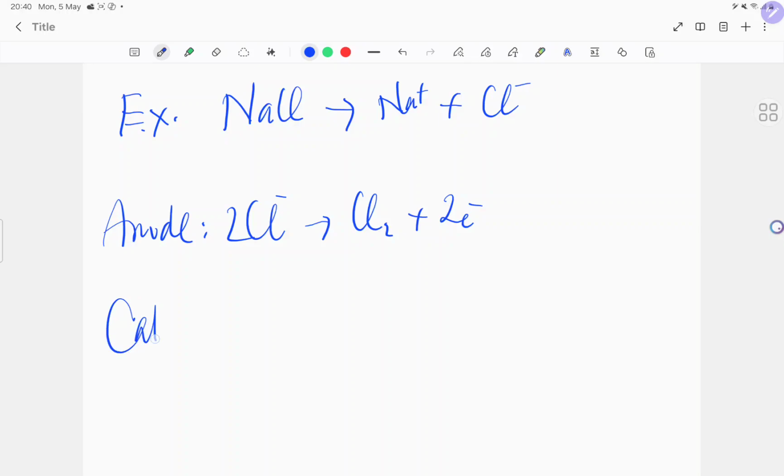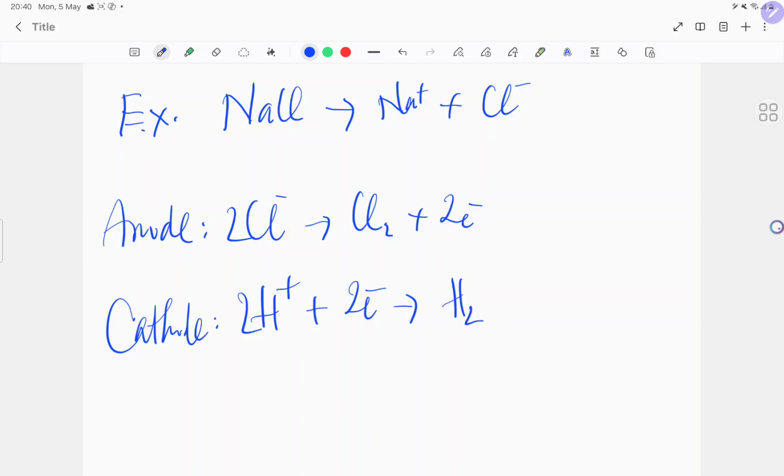And how about the cathode? In this case, you've got sodium ion. Sodium ion cannot be reduced at the cathode. But how do we decide why?